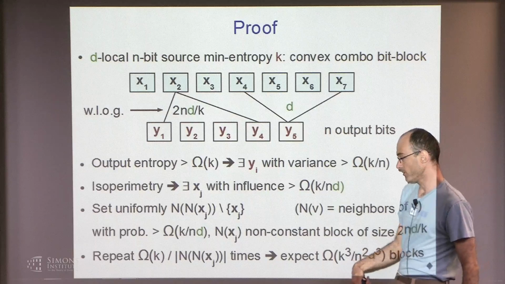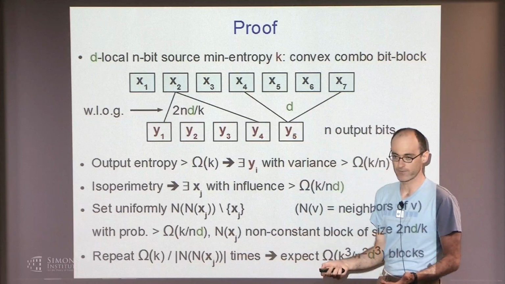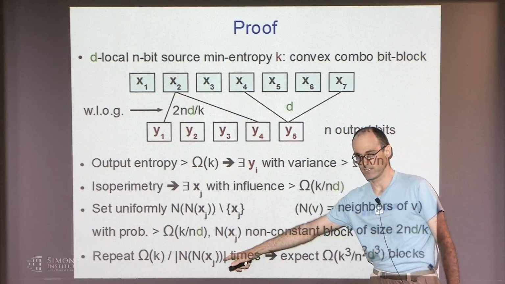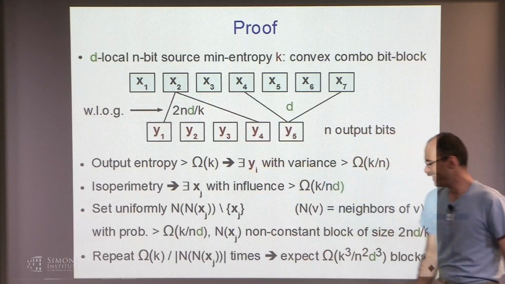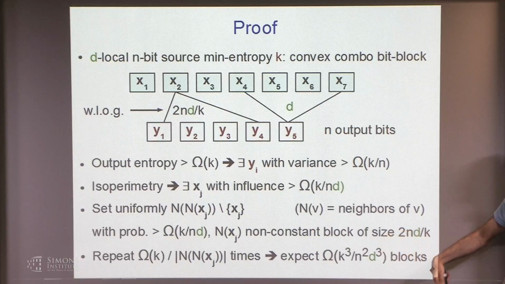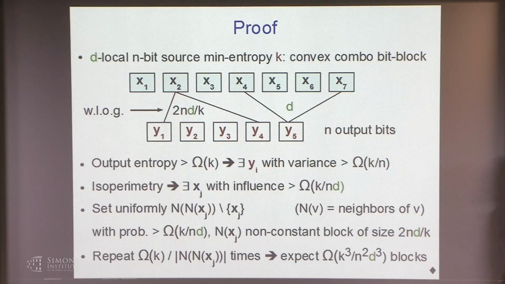Okay, you can repeat a number of times, which is the entropy that you have divided by how much stuff you're fixing, which is the size of this neighborhood of neighborhood, which you know exactly how to bound because one thing is d and the other thing is this nd over k. And so, you know, you can do a consideration of measurements that you will expect some number of blocks, okay, and you get some number of blocks with high probability which are alive, and that's the proof. Is there a question?